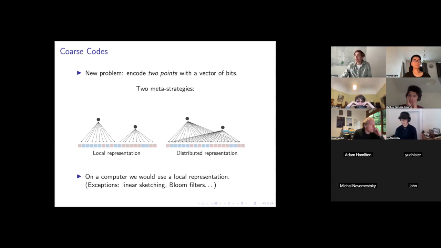On computers, I would call this a local representation because each unit of storage is tasked with storing one component of my system. There are very, very few exceptions, I think, in computer science where we don't basically use local representations. A few examples I can think of are linear sketching and Bloom filters. You very rarely have the situation where I have 2 points and use totally entangled representations.